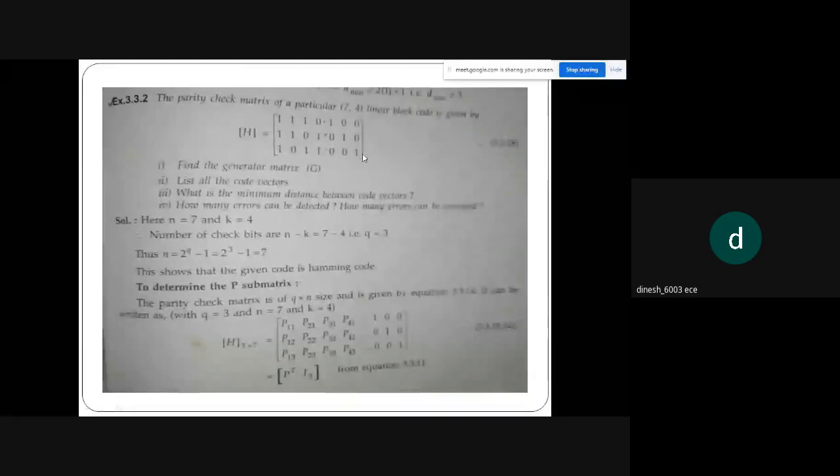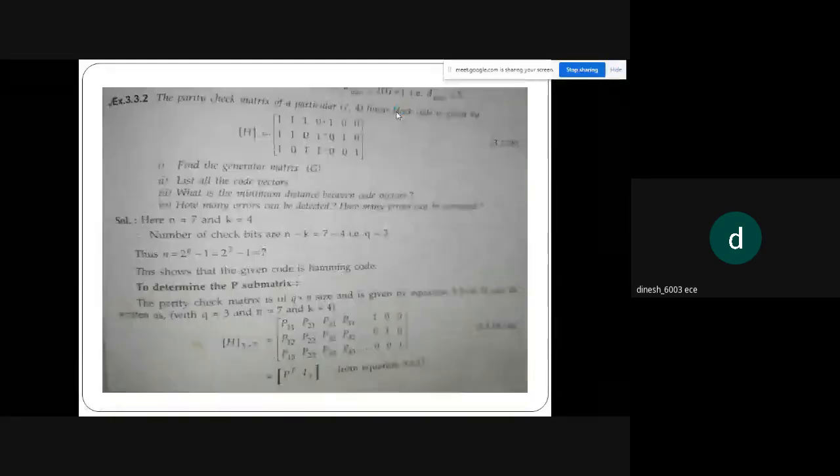After the blue color dots, everything is the identity matrix. In the second row, 1, 1, 0, 1, 1, 0, 1, 1. So this is your P transpose, because our H is P transpose followed by identity.